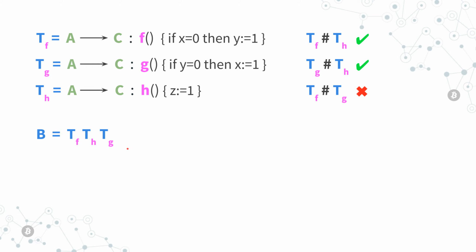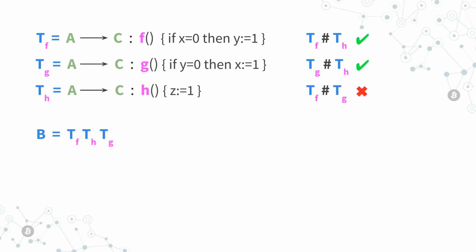Now assume that we have a block B with TF, TH and TG. The swappability relation already suggests that we can execute TH in parallel with any of the other two transactions, and that we must preserve the order between TF and TG. To make this argument more operational, we exploit occurrence nets. Roughly, these are petri nets, where each transition can only be fired once.